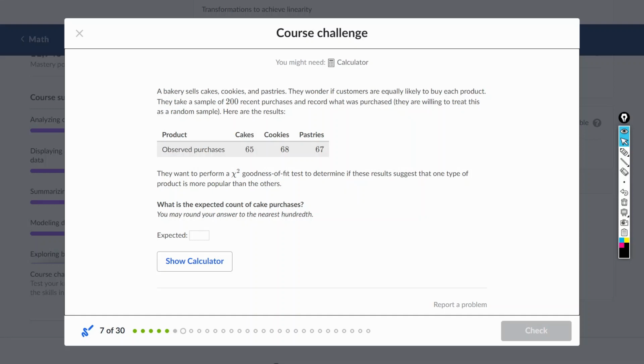A bakery sells cakes, cookies, and pastry. They wonder if customers are equally likely to buy each product. They take a sample of 200. Chi-square goodness of fit test.